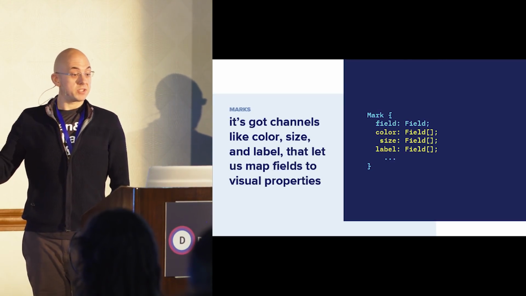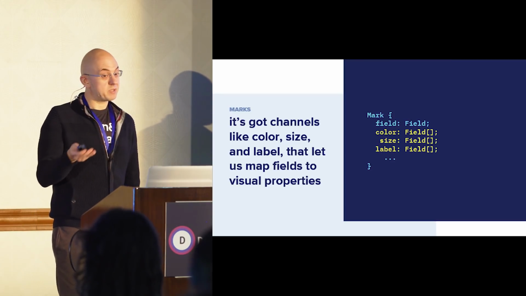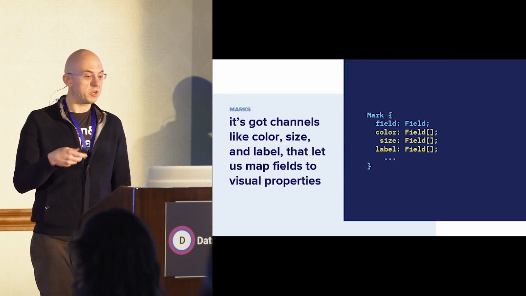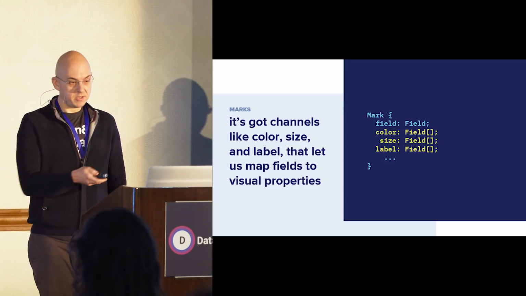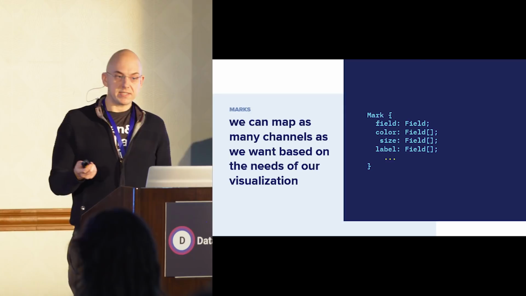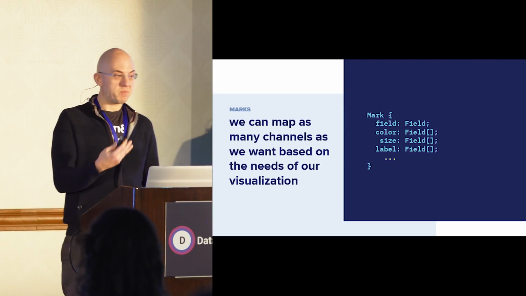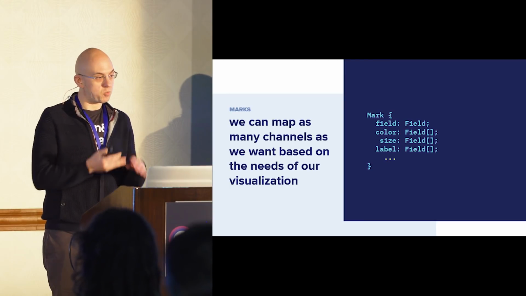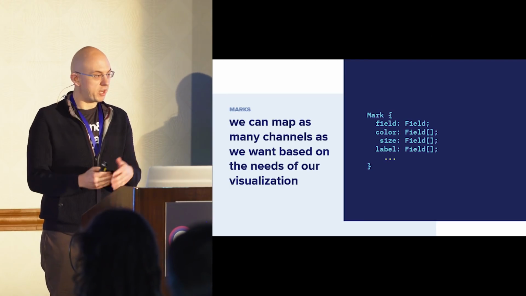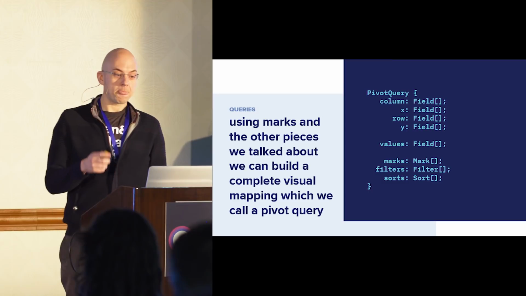And they have these things called channels, which represent aspects of your visualization. So color, size, label, you can map a list of fields into these channels. And there's no predefined set. Switch doesn't predefine or specify any particular set of channels. So you can use this as a domain-specific language to map channels that make sense for your visualization.